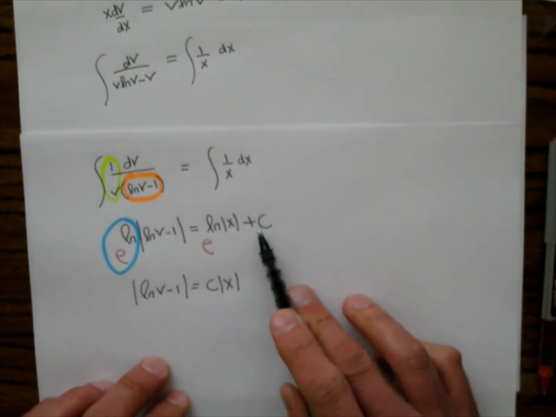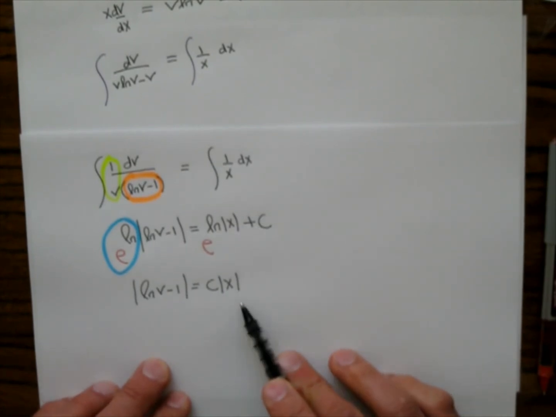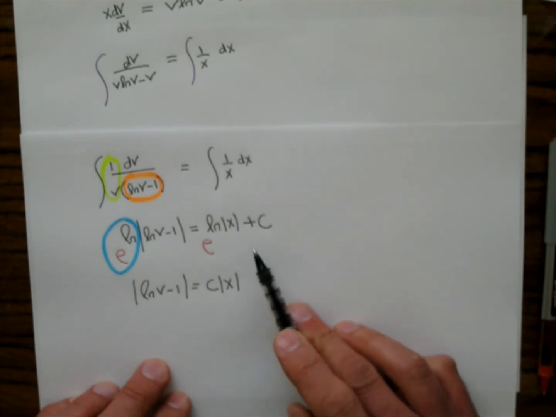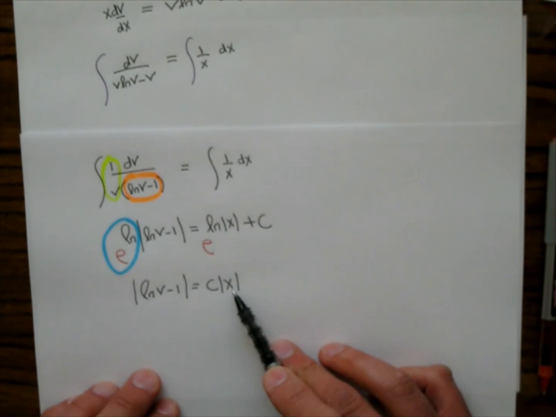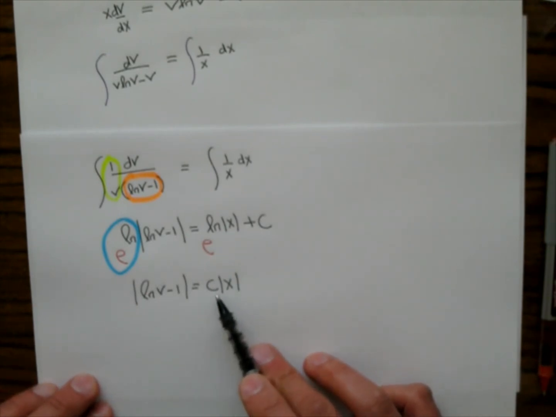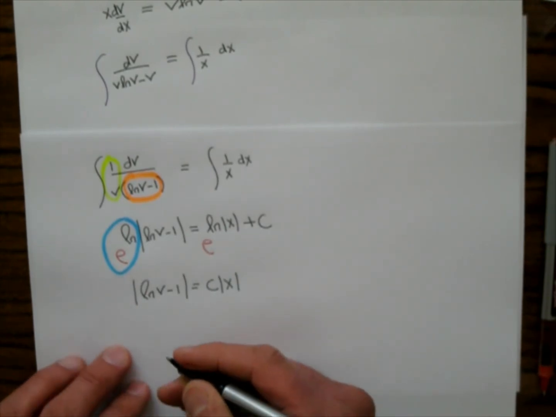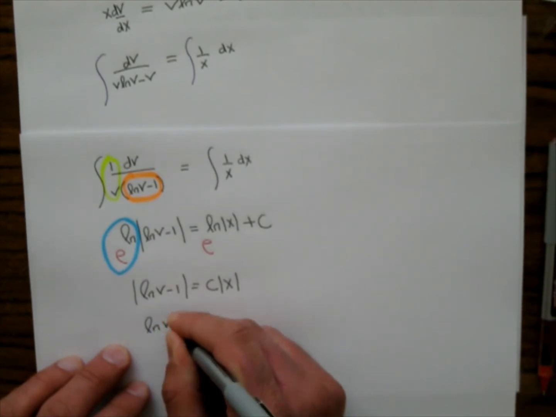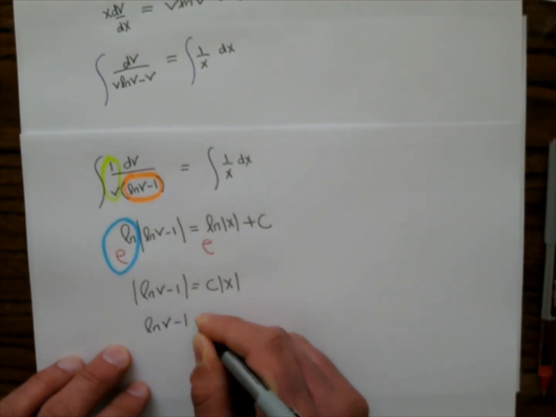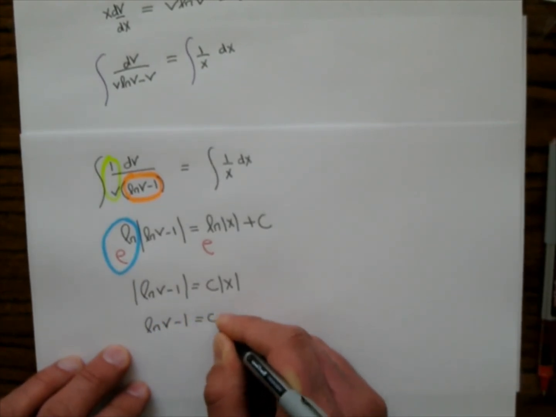If you're wondering how I went from here to here, you can take a look at the last problem, where I got c times the absolute value of x. Now the c can absorb both of those absolute values, so I have ln v minus 1 equals c times x.